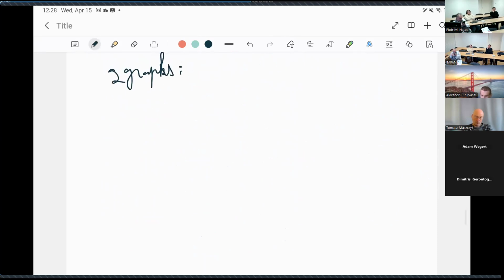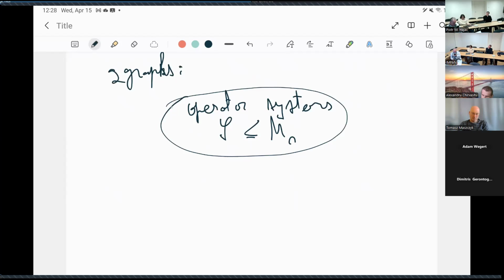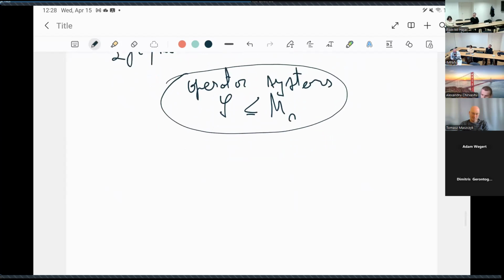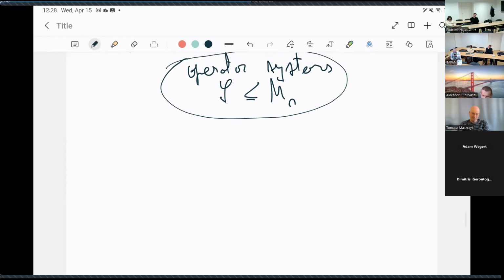To again take stock: operator systems S in Mn. The same data can be packaged as a projection P in Mn tensor Mn op.